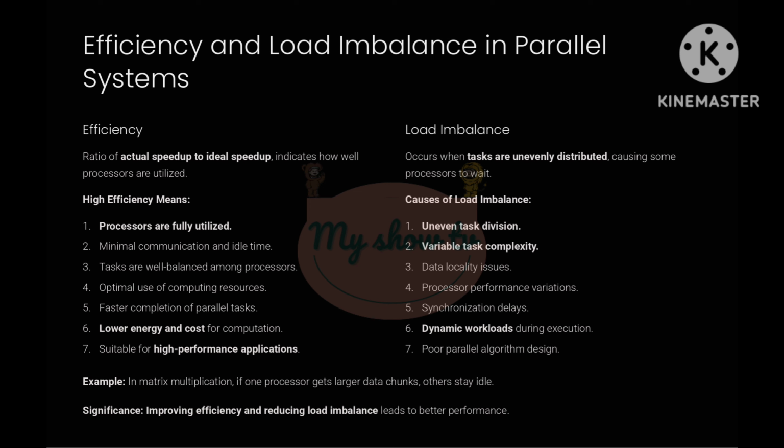For example, if in a matrix multiplication task, one processor gets a much larger chunk of data than others, it will take longer, and other processors will wait, causing inefficiency. Hence, balancing the workload and managing dependencies are essential to avoid load imbalance and improve overall system performance.